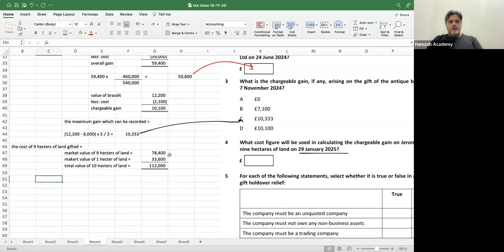So this is going to be 78,400 divided by 112,000, which is exactly 70% that we have sold.